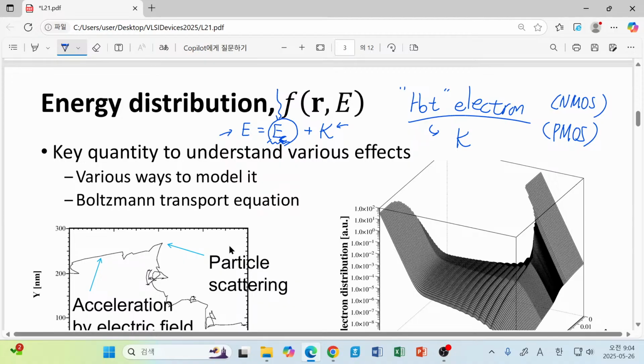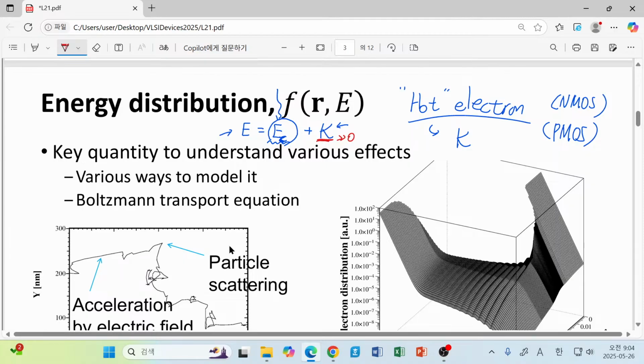So when we say an electron is hot, it means that this kinetic energy is much larger than 0. So we have sufficiently high kinetic energy.